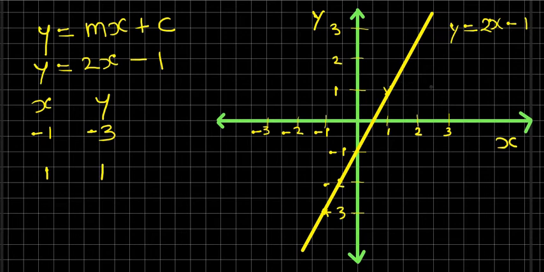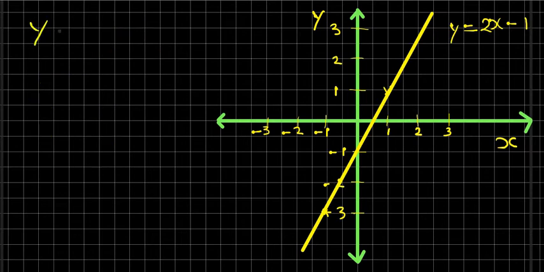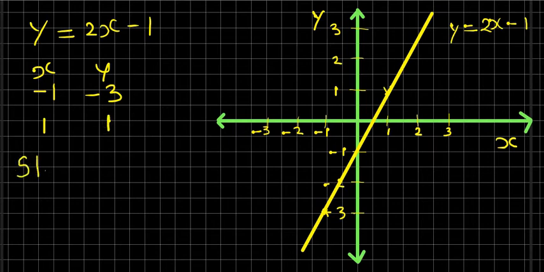Now let's see how we can calculate the slope of the graph using an equation. Now our equation is y equals 2x minus 1. We know from our earlier discussions that when x is equal to minus 1, y is equal to minus 3. When x is 1, y is 1. Now the slope is equal to the change in y divided by the change in x.